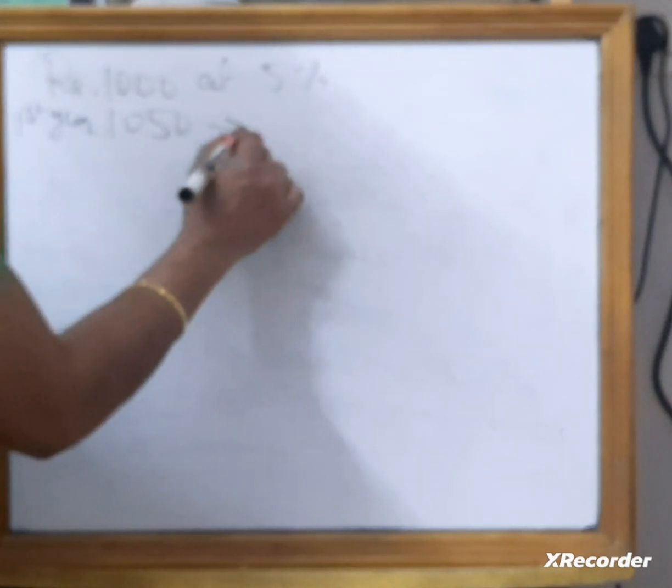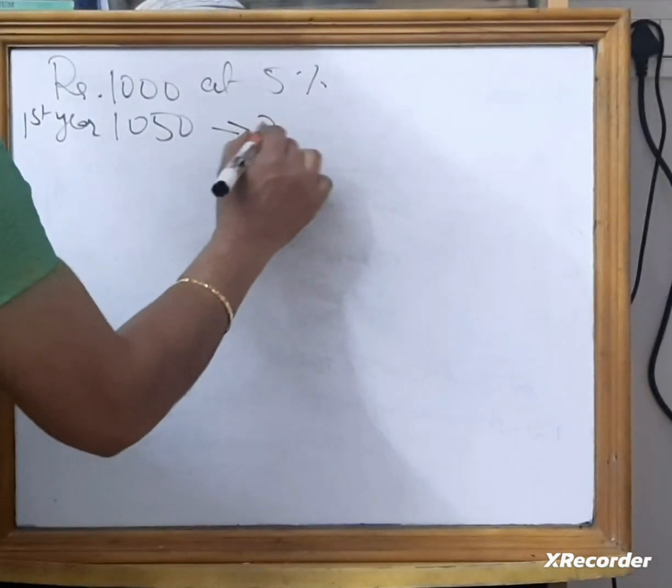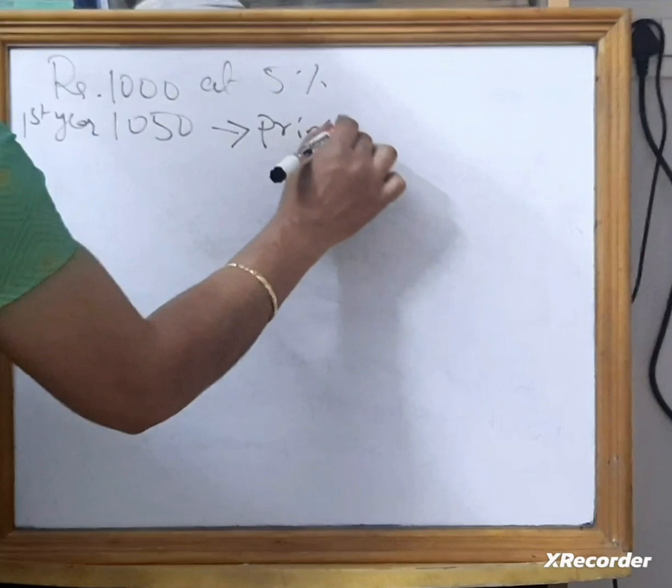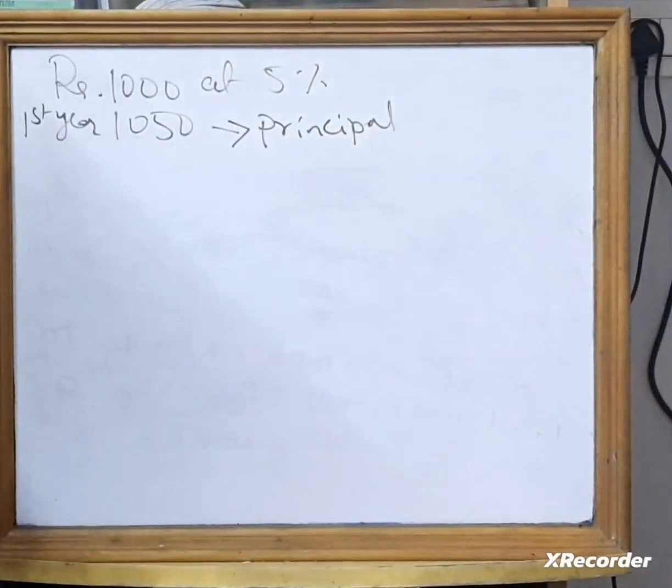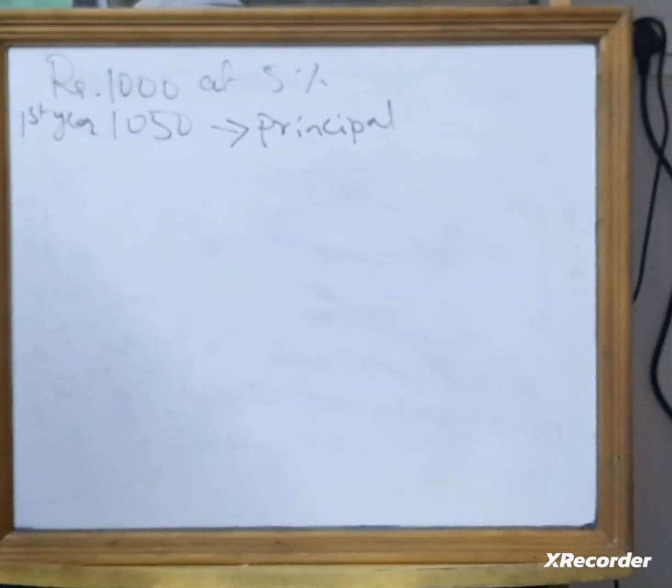The amount constitutes the principal for earning interest for the next year. That is, this 1050 will constitute the principal amount in his account, which is earned for the next year.